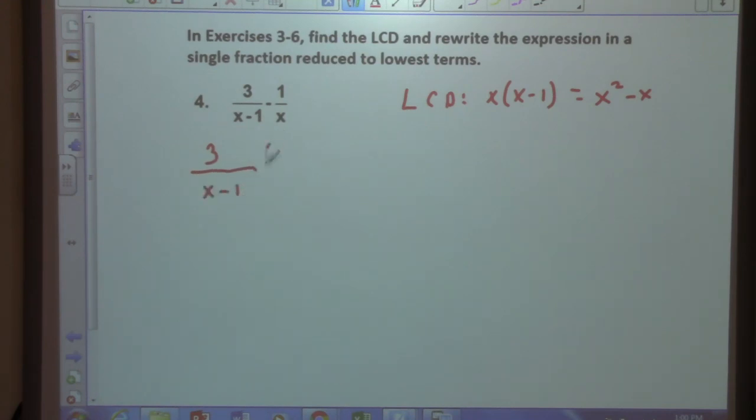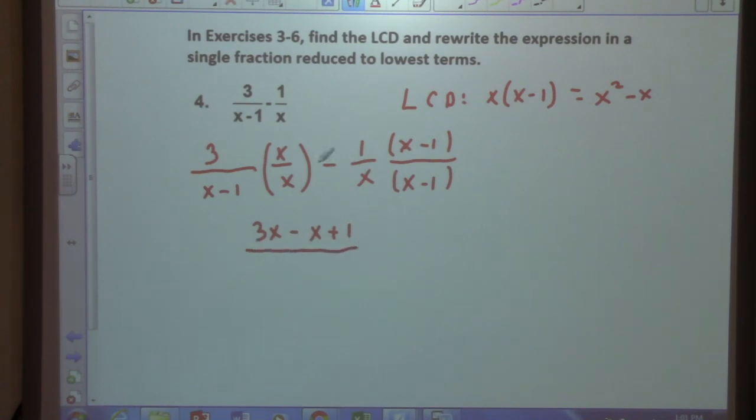So what do we have? 2x plus 1 over x, parentheses x minus 1. So we have to multiply by x over x, right? And this one here, we got 1 over x. And what do we have to multiply this by? X minus 1. And so now we have in the numerator 3x minus x plus 1.